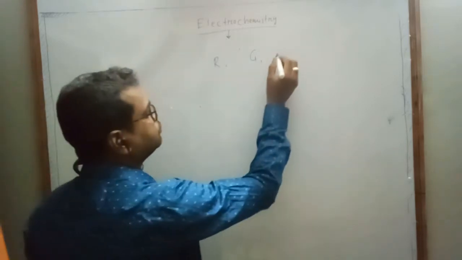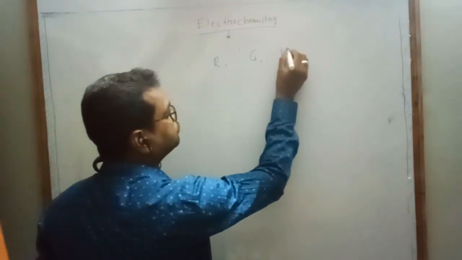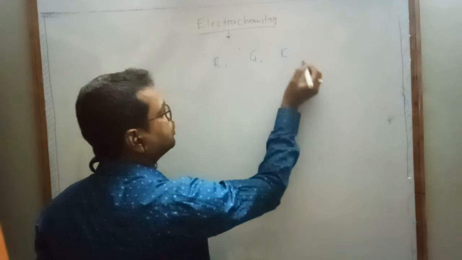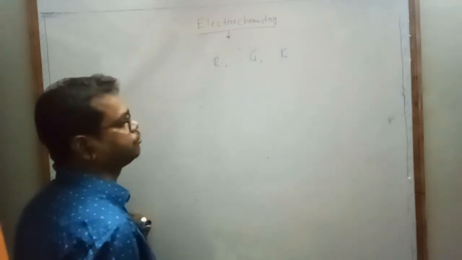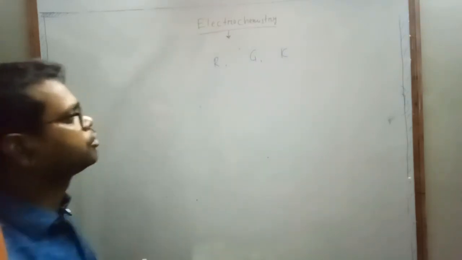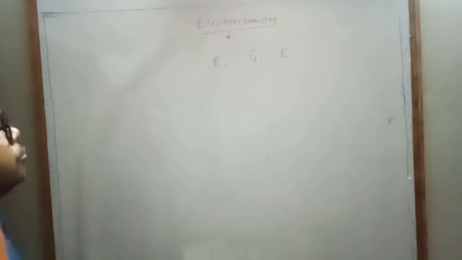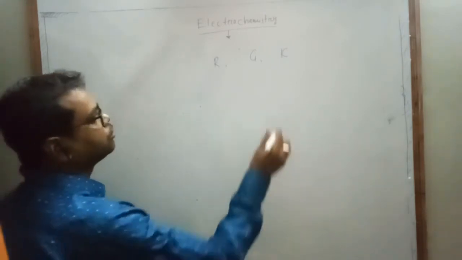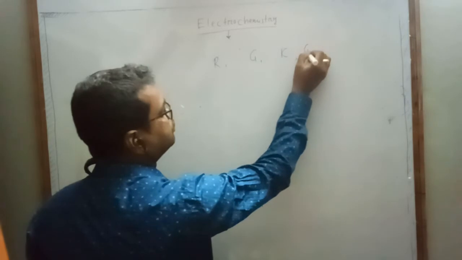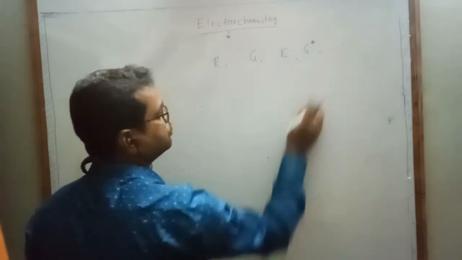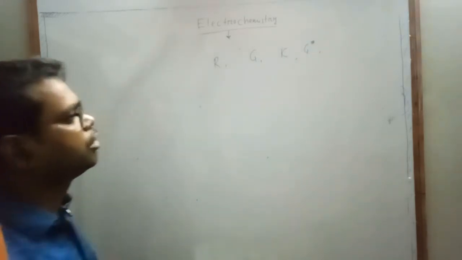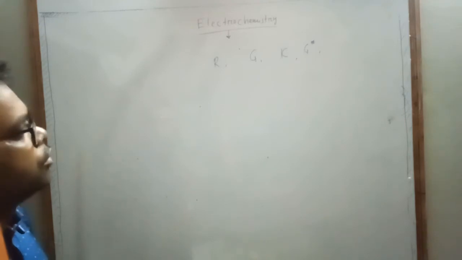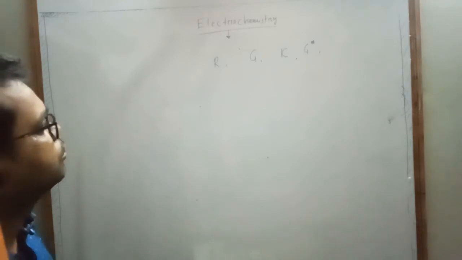Then we have learned conductivity, kappa. Kappa is the reciprocal of resistivity. Then we have learned G star, which is your cell constant, which is the ratio of length by area. So all these things we have learned.